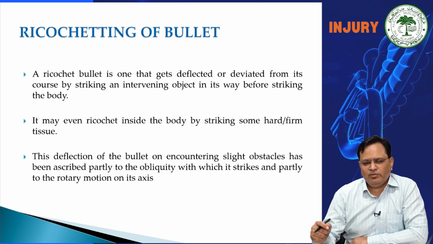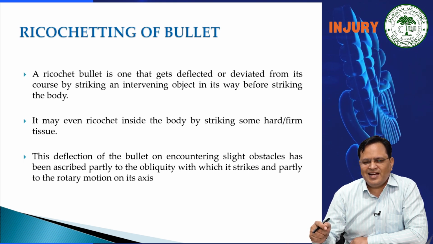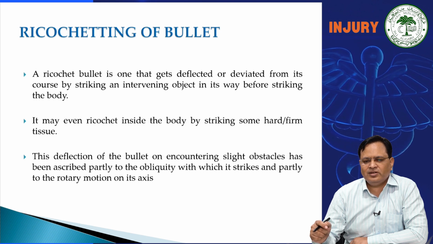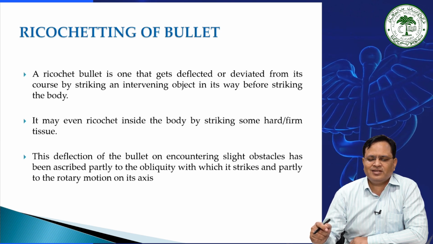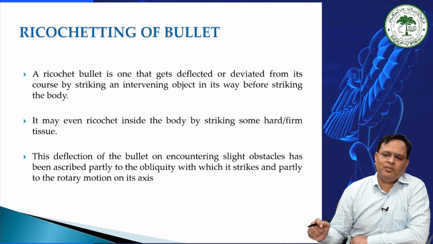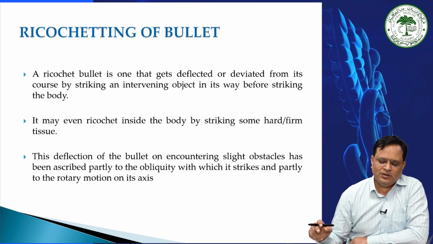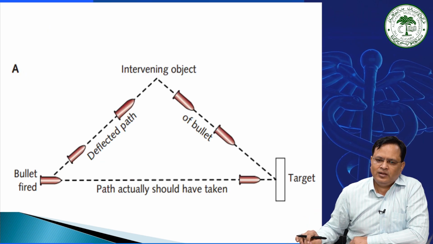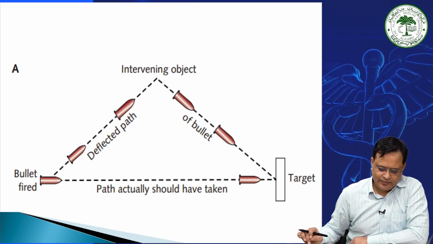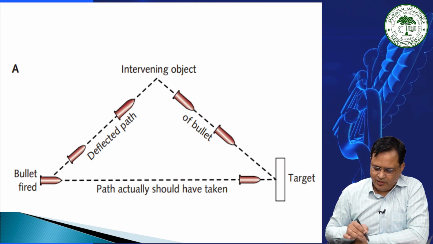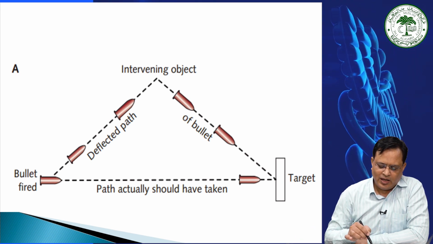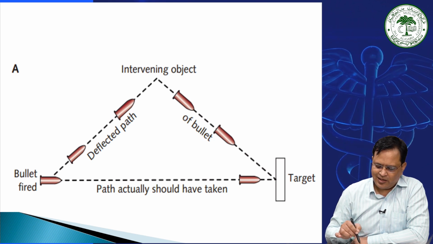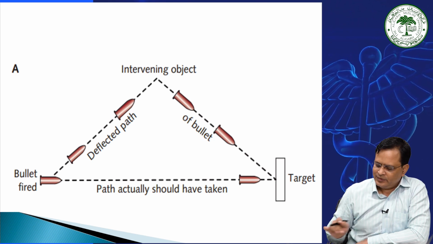This deflecting of the bullet on encountering slight obstacles has been ascribed partly to the obliquity in which it strikes and partly to the rotational motion already in the bullet. This is the ricocheting. It is going, the intervening object is there, and it strikes and comes back to the target.